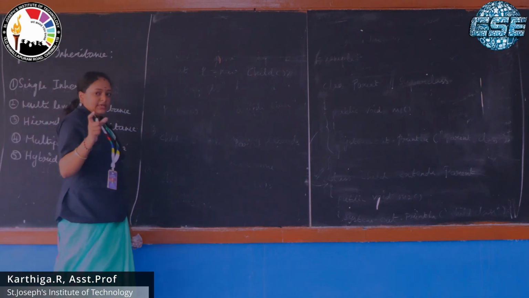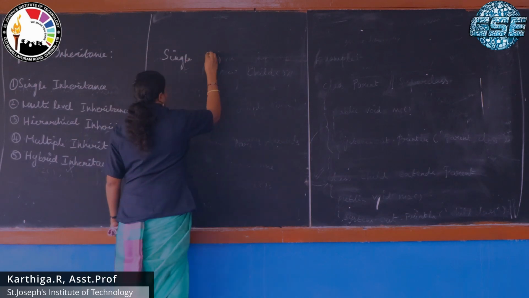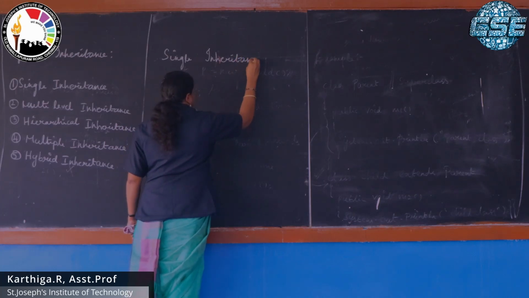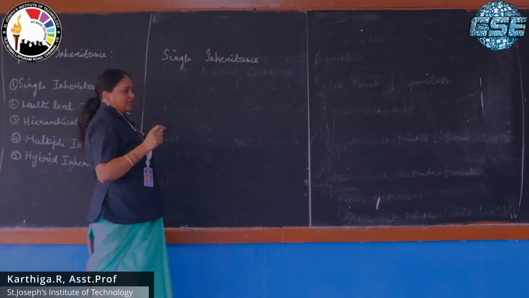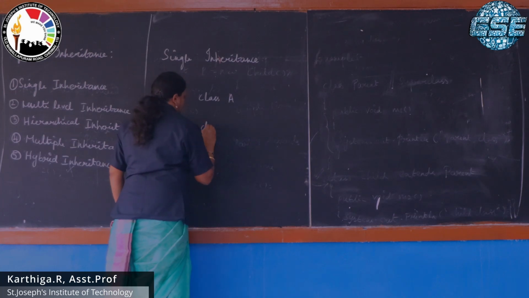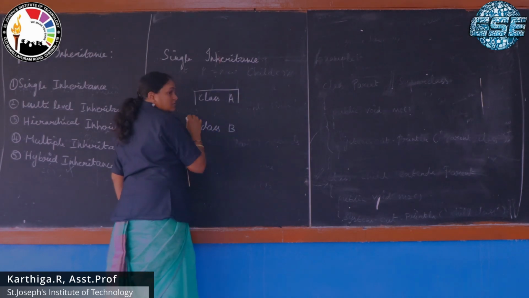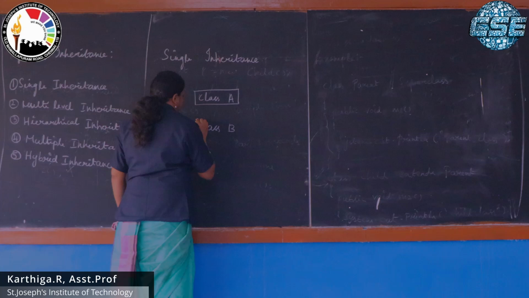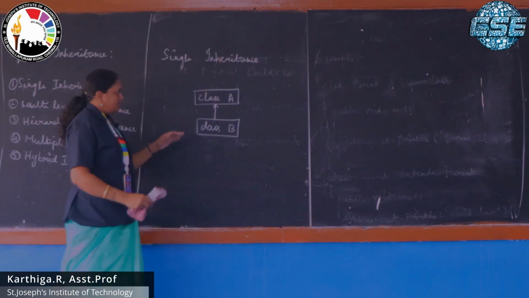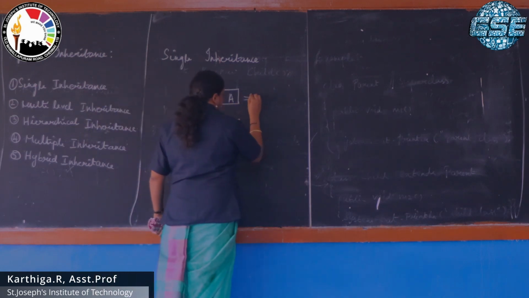Okay, so single inheritance. Class A, class B. So this class A is the parent class.